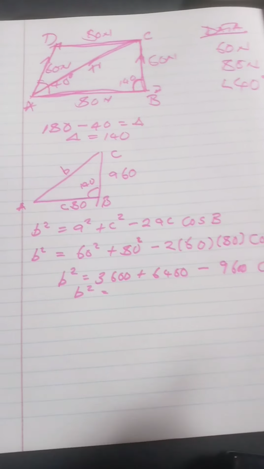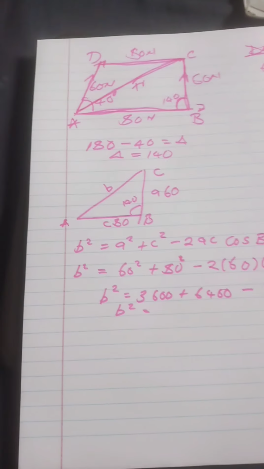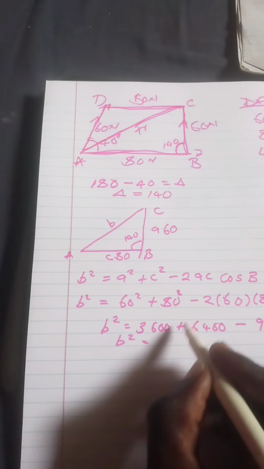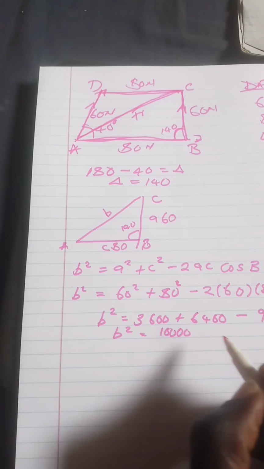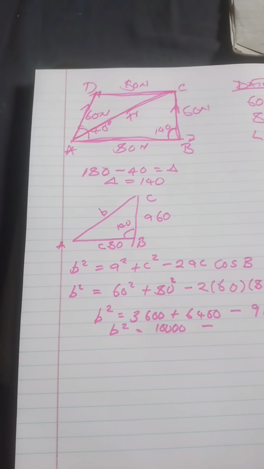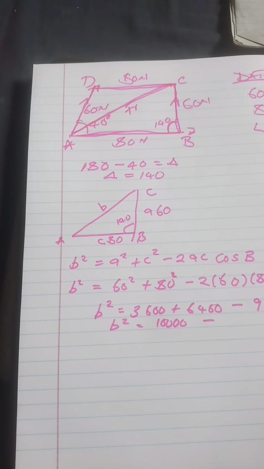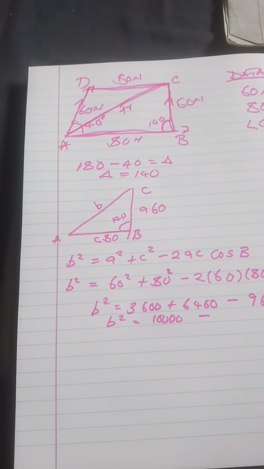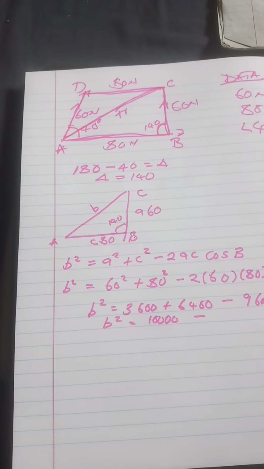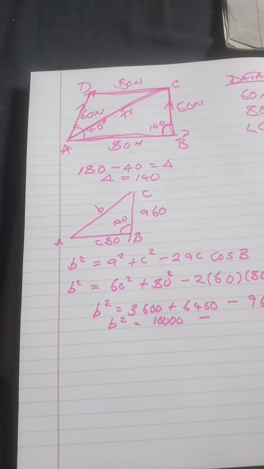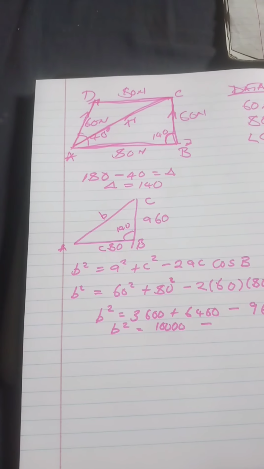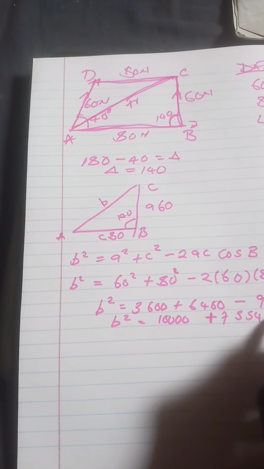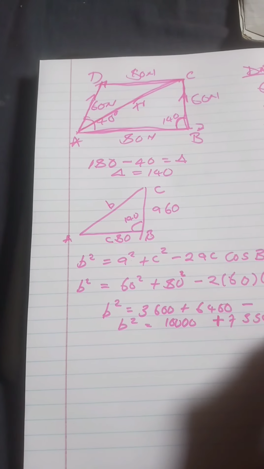We first add these two, 3600 plus 6400 to give us 10,000, minus 9600 cos 140, which is a negative 0.766, so multiplied by negative 9600 to give us a plus there, 7354.03.